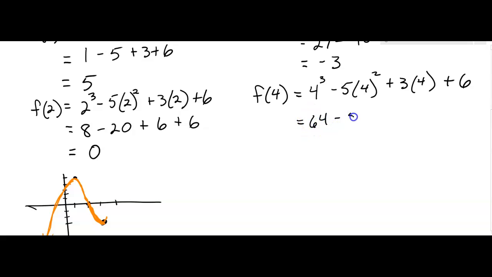And then we've got 5 times 16 plus 12 plus 6. So what's that? 70 and 82 if I add the positive ones up, and minus 80. So I'm going to get that to be a positive 2.